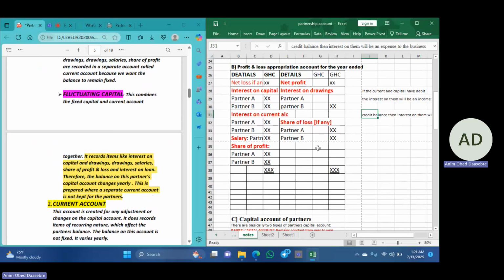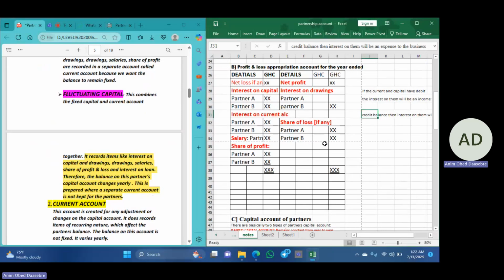And the share of loss will also go towards the debit side of the current accounts, as well as the interest on drawings will also go toward the debit side of the current accounts. And if there is any drawings, it will also be recorded at the debit side of the current accounts.